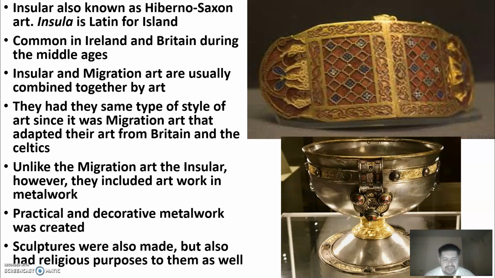The bottom one is a very lovely cup. You have to remember, during the Middle Ages, the medieval ages, Dark Ages, however you want to say it, that type of silverware was not for the average Joe. That was only for the nobles or the kings and things like that.